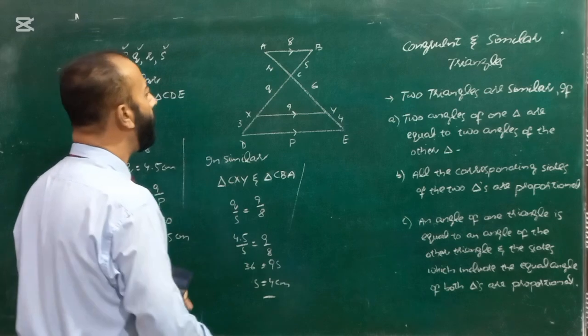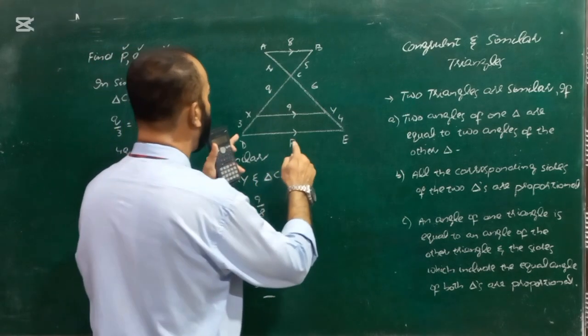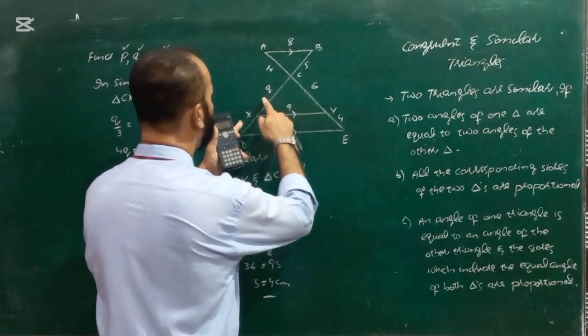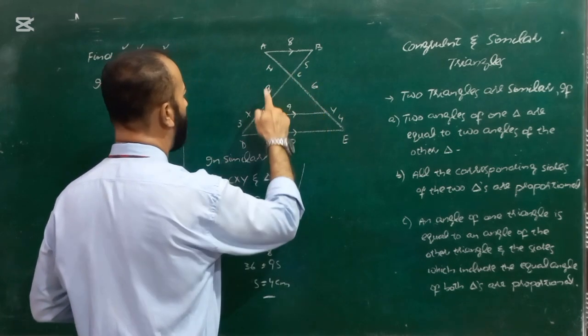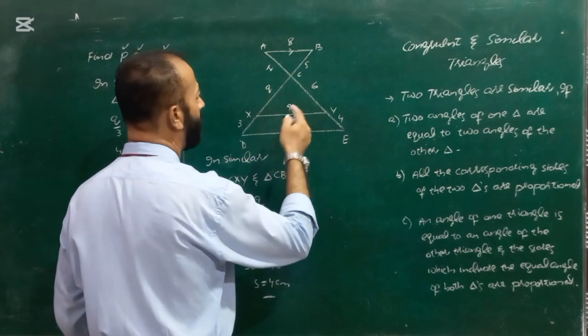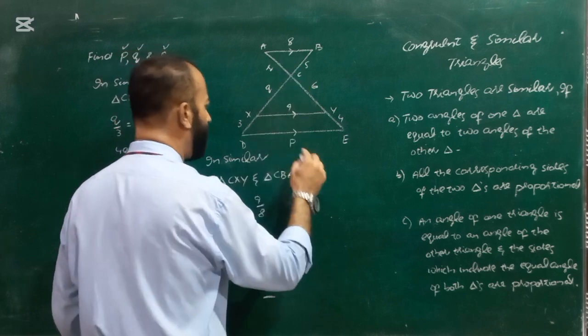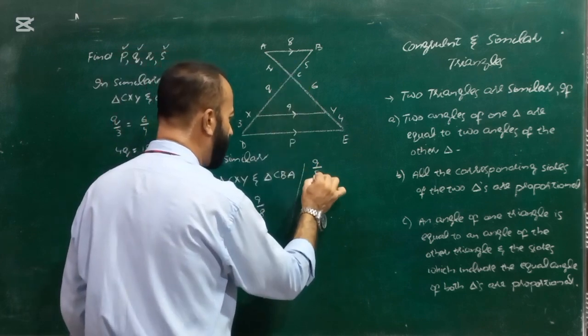Okay, now we can move again, Q over S is equal to 6 over R. Or you may move from 9 to 8 because this is much easier.